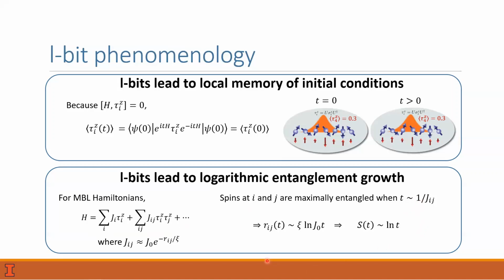That can tell you the radius in which spins are maximally entangled. It grows logarithmically in time if you just combine these two equations. So this roughly tells you that entanglement entropy should grow logarithmically in time. So this is a sense in which L bits can lead to logarithmic growth of entanglement entropy.